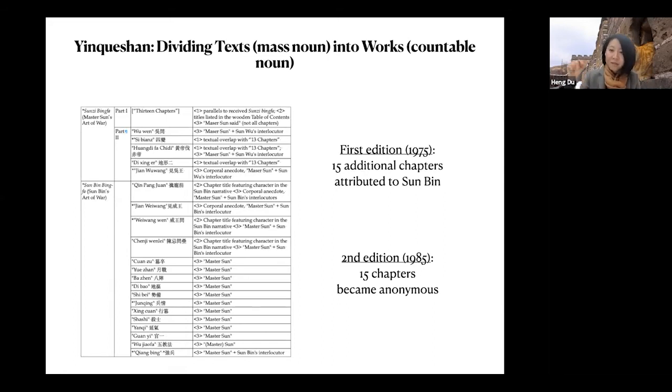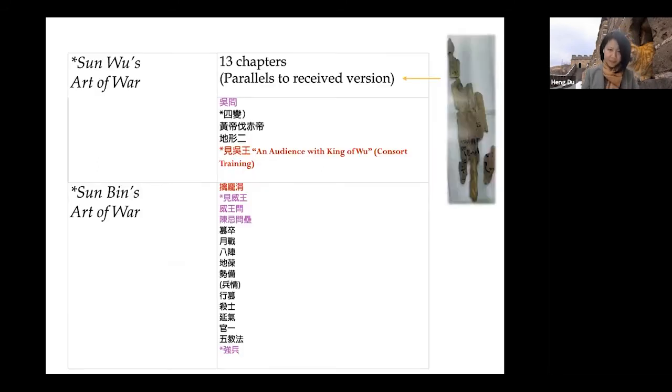So what's the difference between these 15 chapters versus the ones that are still included in the Sun Bing corpus? They don't have the paratextual marker of Master Sun Says. So when we look at these two groups of texts, the titles that are in bright red are a more extensive narrative.